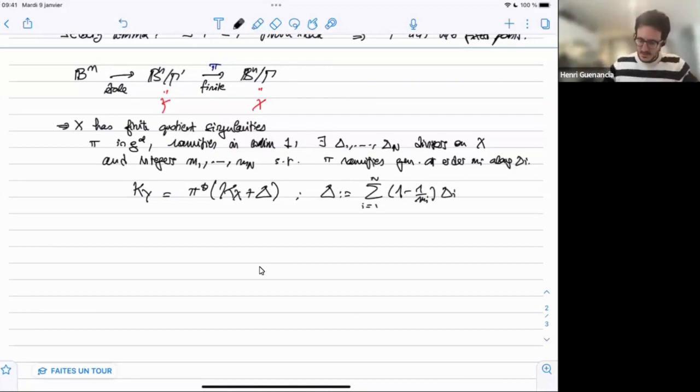Okay, so that leads me to two definitions. So X delta is going to be what people call a complex orbifold.